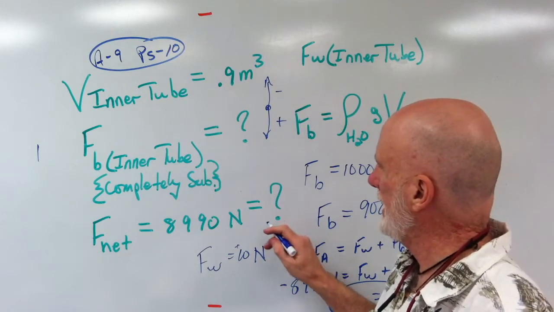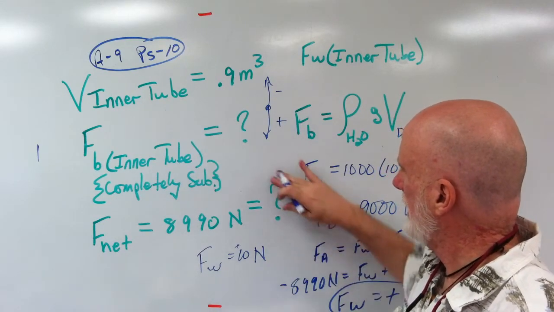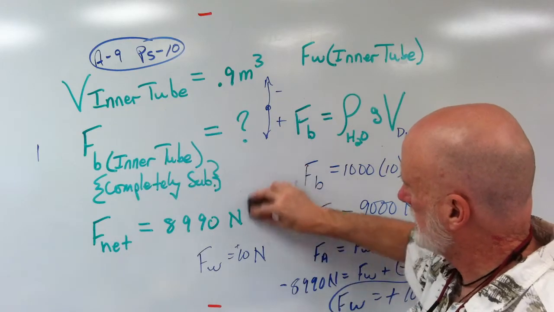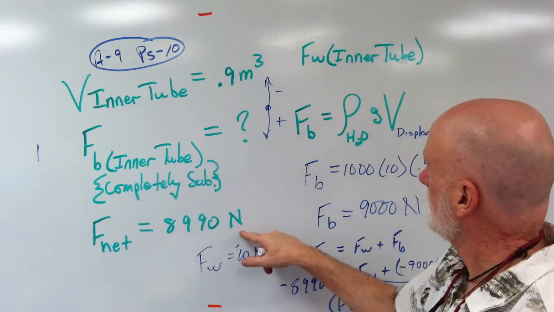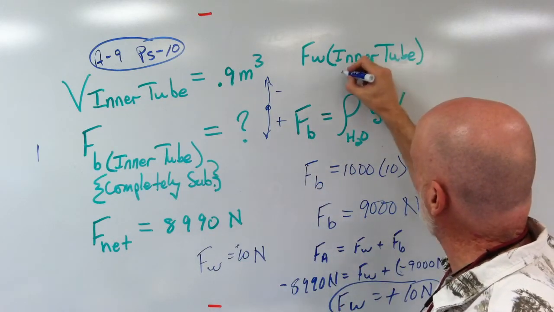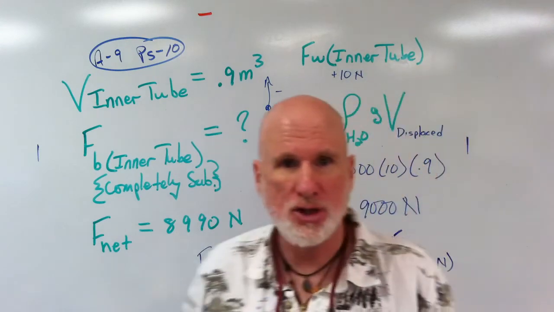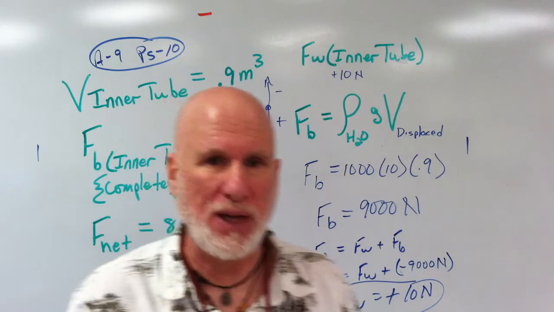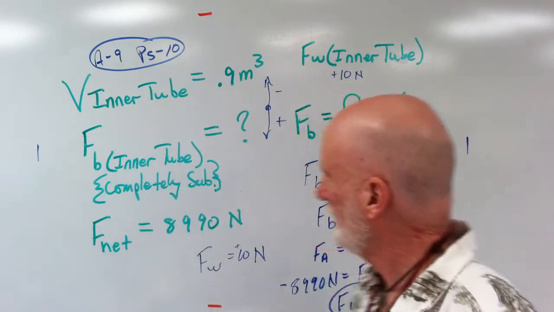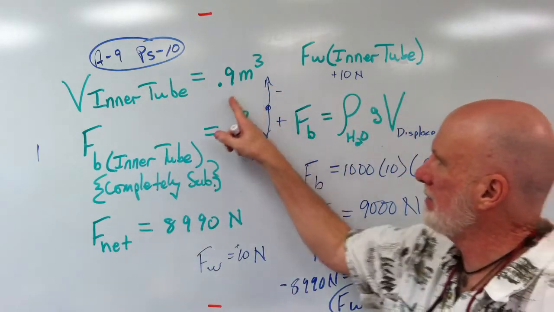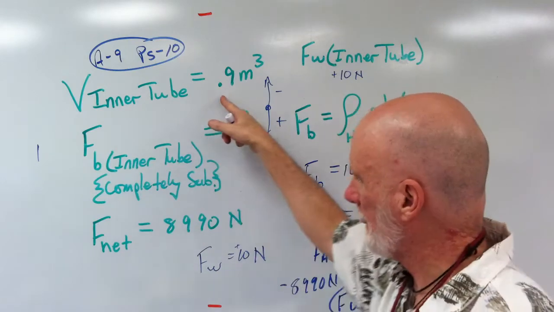So this is the F net. So the weight of the inner tube is plus 10 newtons. The volume of the inner tube is 0.9.